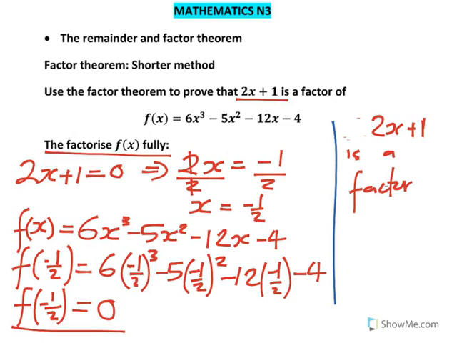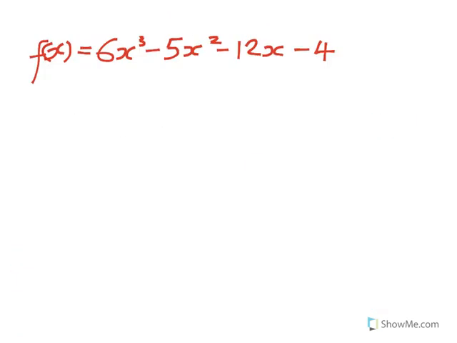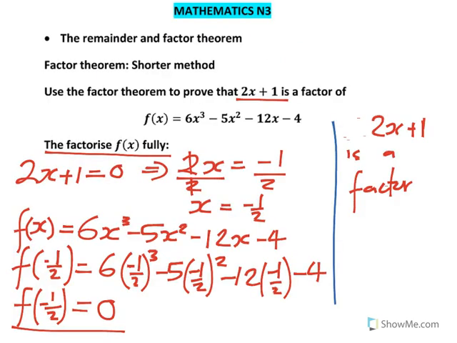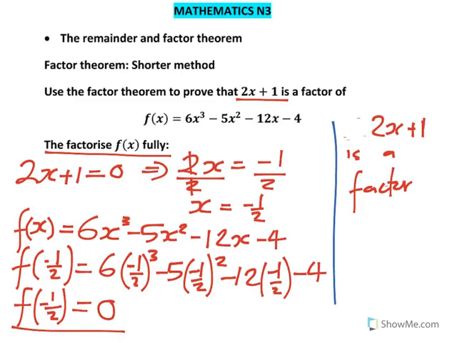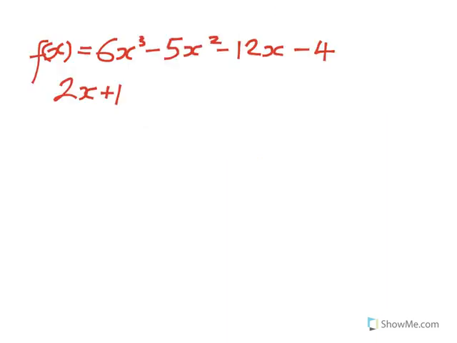Remember f of x is equal to 6x cubed minus 5x squared minus 12x minus 4 from the previous question that we were given. And we proved that 2x plus 1 is a factor. 2x plus 1 is the first factor.